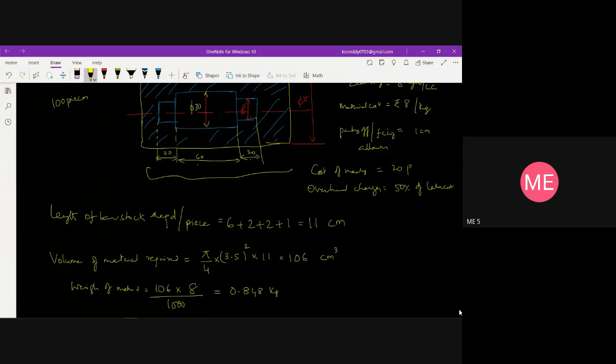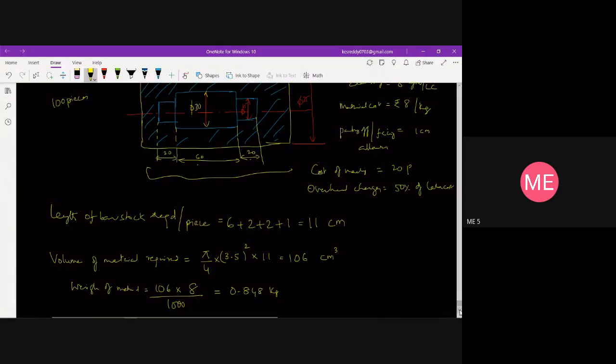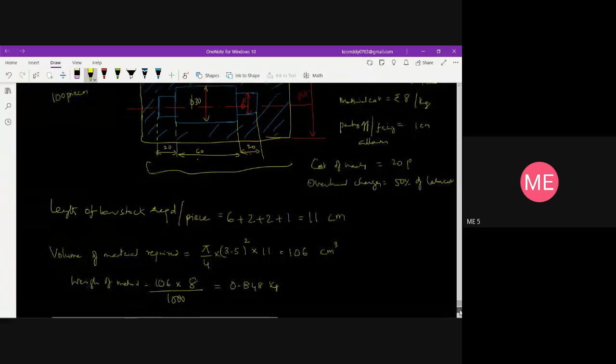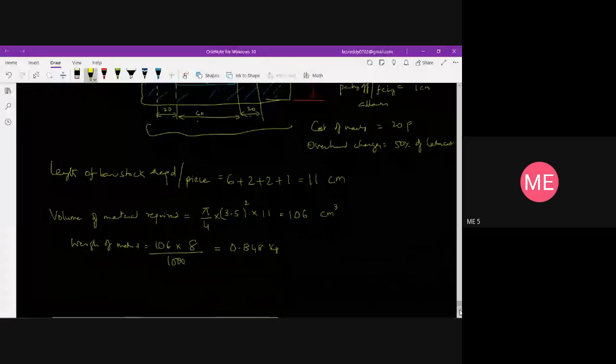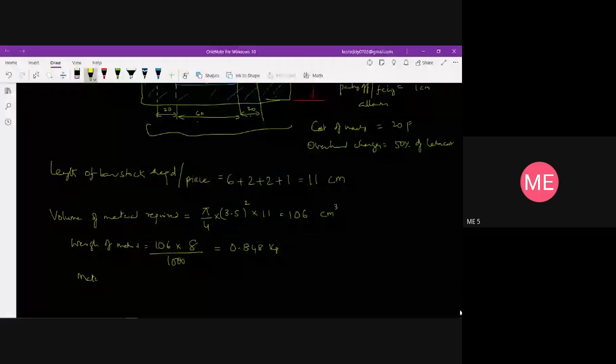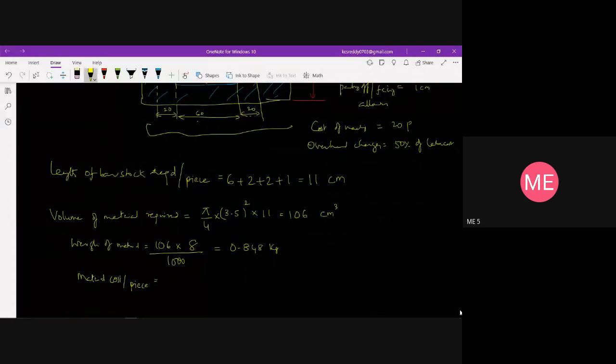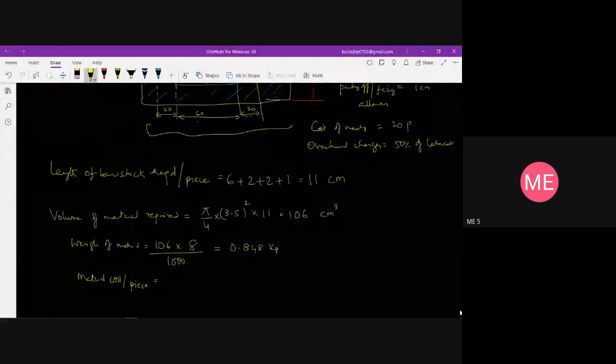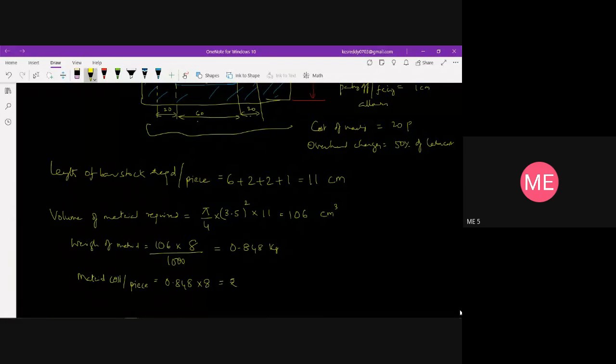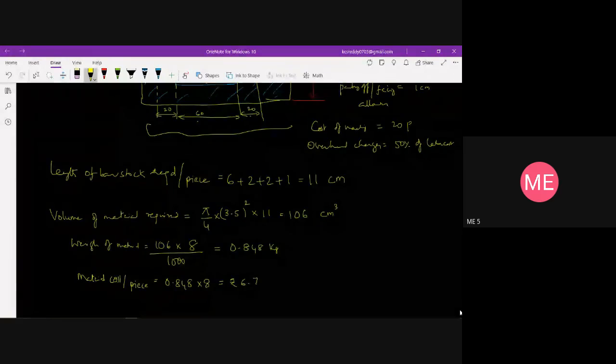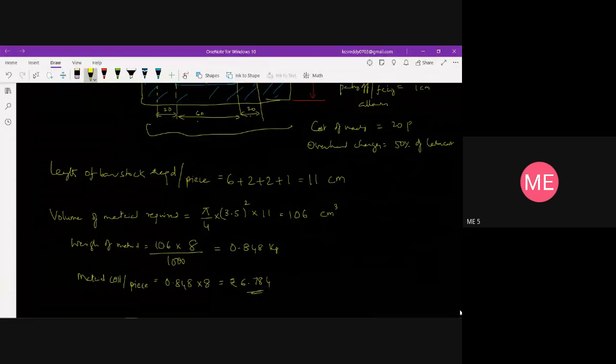The cost of the material is given as 8 rupees per kg. So the material cost per piece is 0.848 into 8 rupees per kg. So that is rupees 6.784, the material cost for one piece.